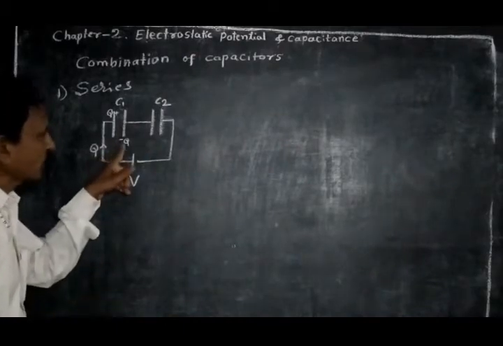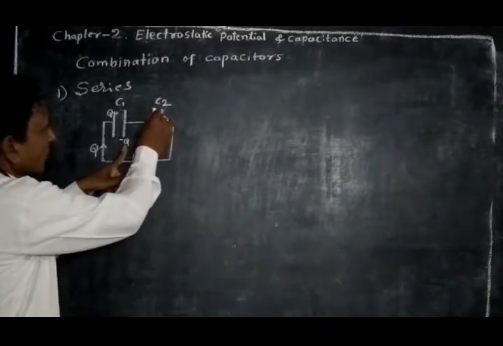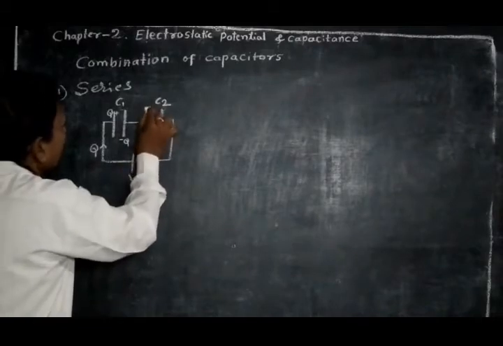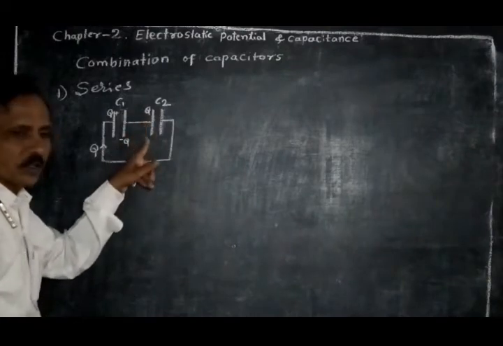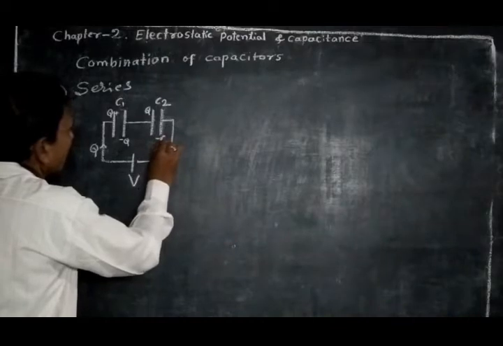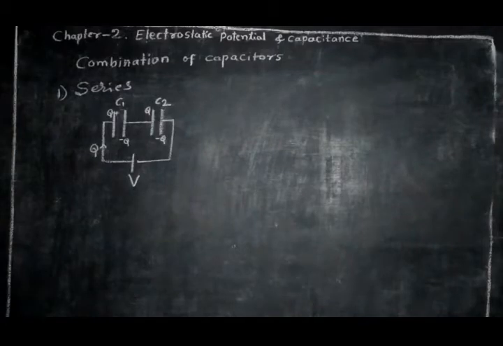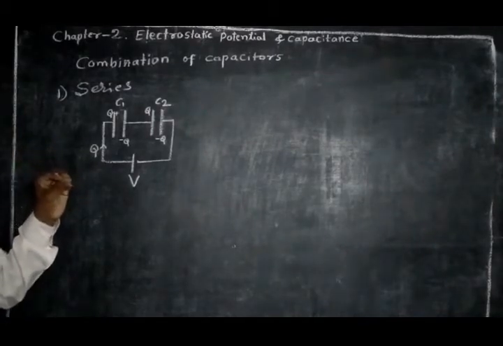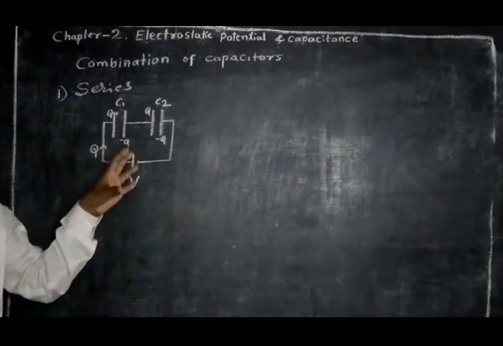Therefore, if the charge on the second plate of the first capacitor is minus Q, then the charge on the first plate of the second capacitor is positive. Here positive charge Q is on the first plate of a capacitor, then minus Q will be on the opposite plate of this capacitor, and the positive charge on the plate of a capacitor is called the charge on the capacitor.